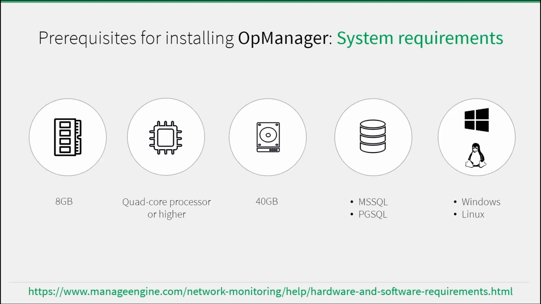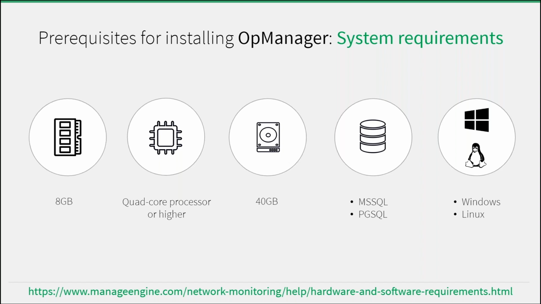Let me talk about the prerequisites for installing OpManager. The system requirements for installing OpManager for 500 devices or fewer are approximately 8 GB of RAM, a quad-core processor or higher, and a minimum of 40 GB of hard disk. When I talk about the databases we support, yes, we do support the third-party Microsoft SQL database.